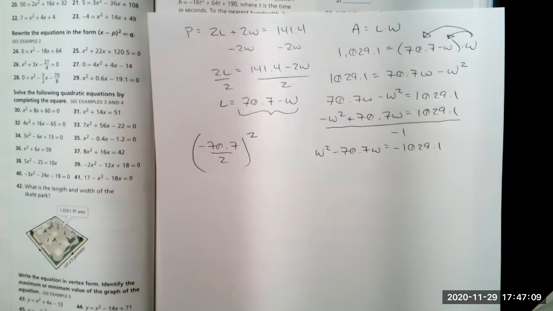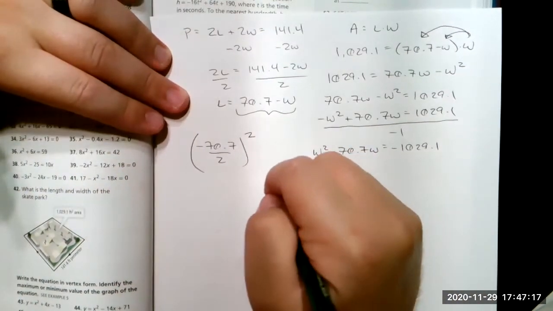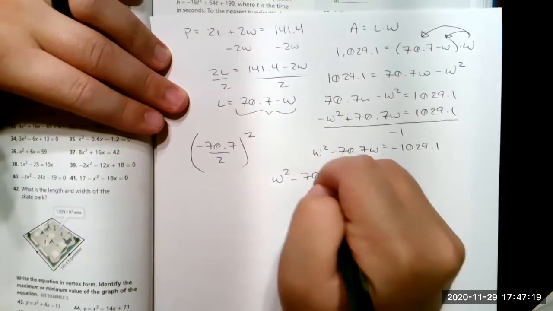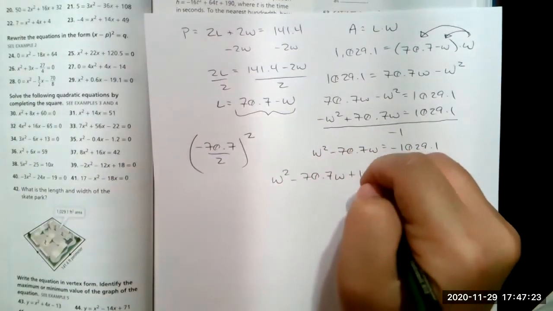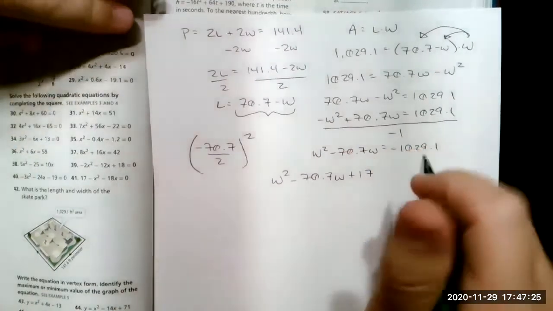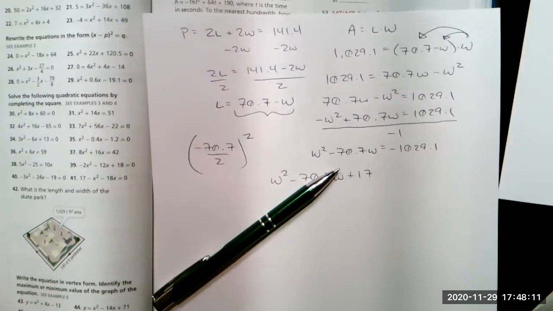So if I do 35.35 times 35.35, I get W squared minus 70.7 W. Give me a second, gotta put it in there.